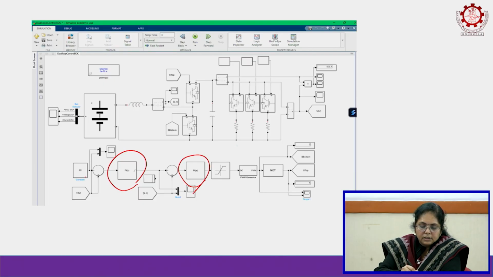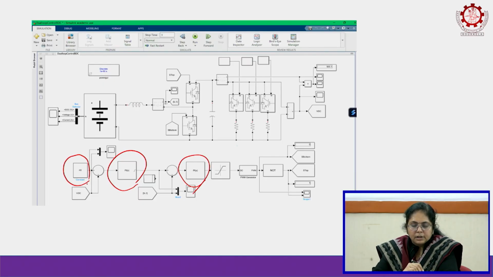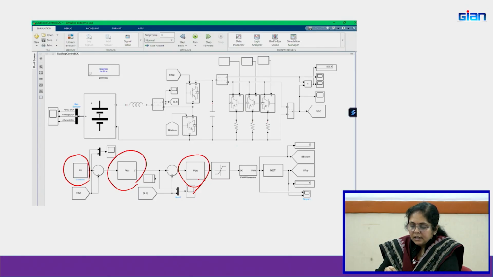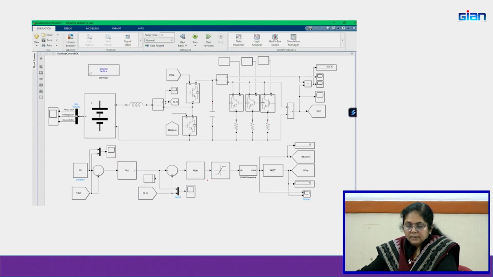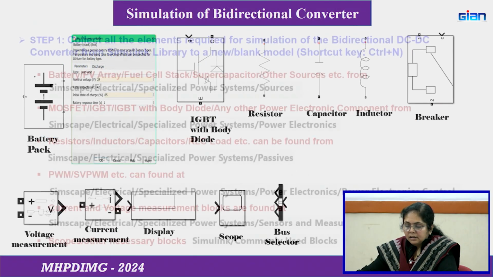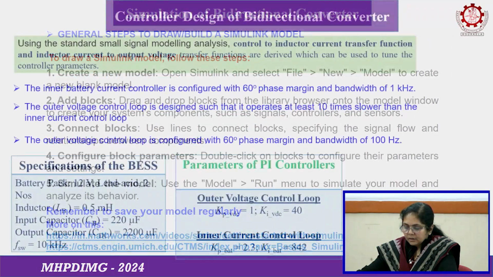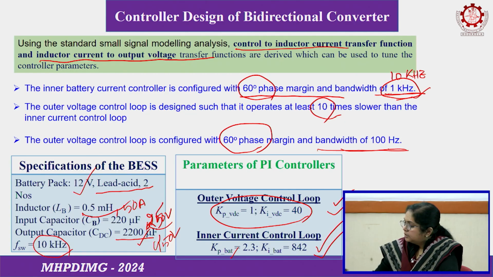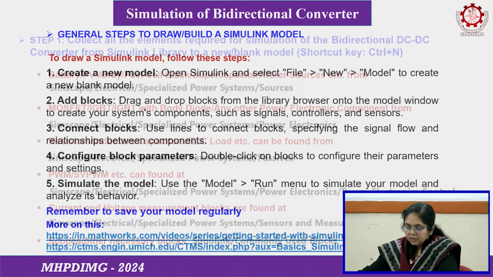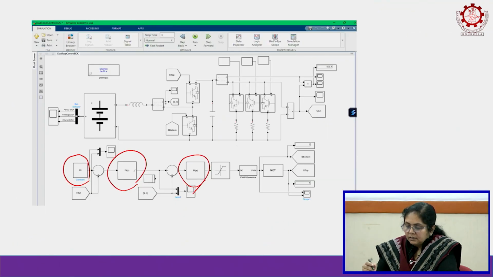So, here in the outer voltage loop, the voltage reference is fixed to 48 volt and the Kp, Ki values we have already designed or tuned. Here I have shown those parameters that will be used for this simulation. After changing these PI values, you can run this.